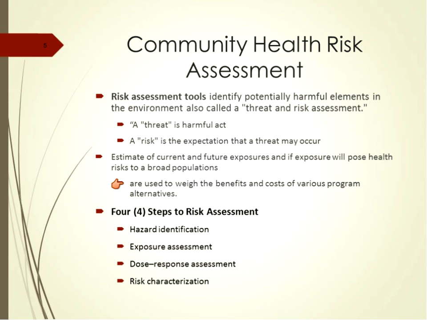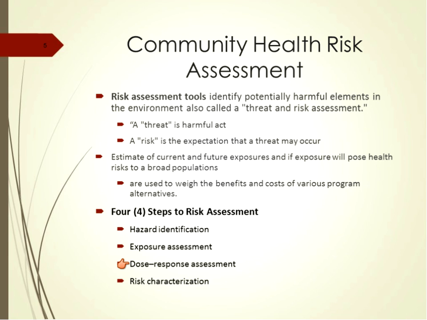There are usually 4 basic steps that are ascribed to risk assessments. The first, hazard identification, seeks to determine the types of health problems that could be caused by exposure to a potentially hazardous material. Second, exposure assessment is done to determine the length, amount, and pattern of exposure to the potentially hazardous material.